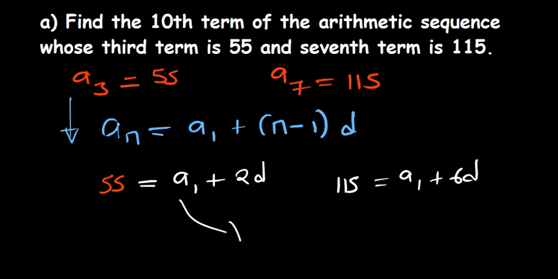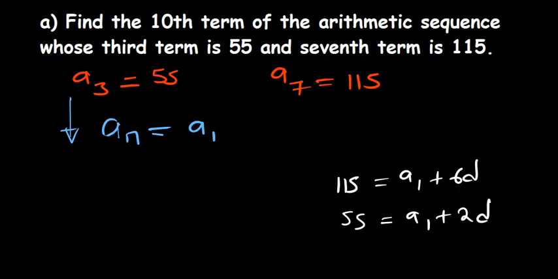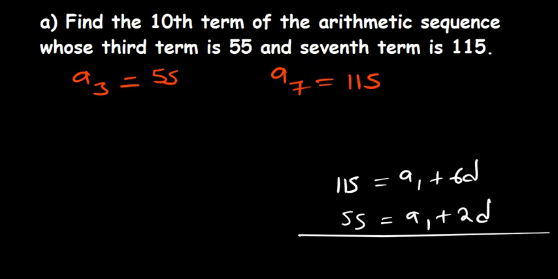Okay, I can take this one and write it down there. So I have 55, and then we have a1 plus 2d. Use any method that you're comfortable with to solve these two simultaneous equations so that you find the first term and the common difference. If we go by elimination, we subtract, and the first term will be eliminated. So we're subtracting 115 minus 55.